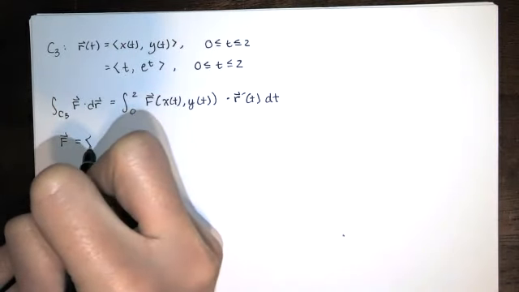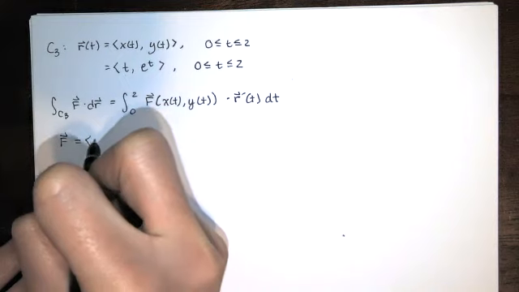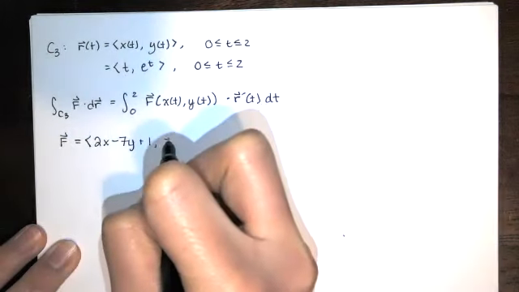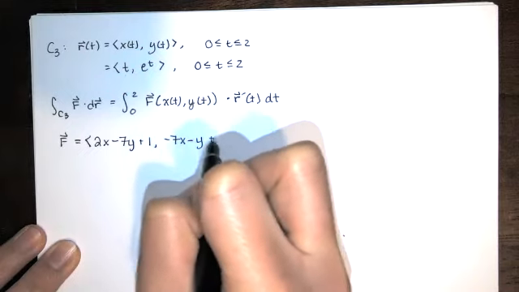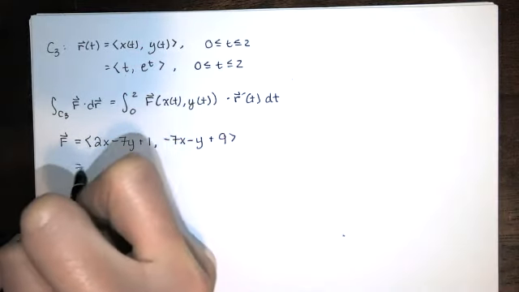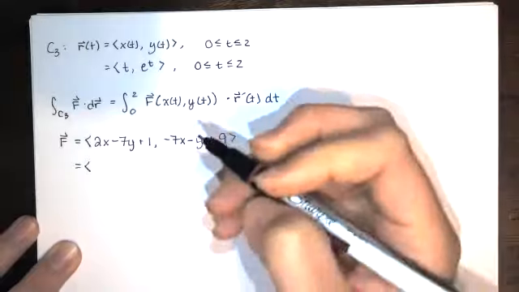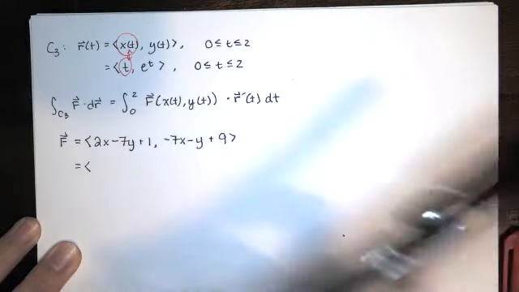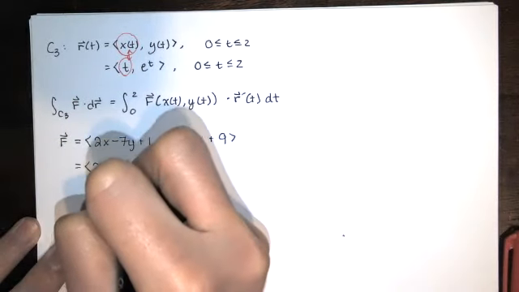came up with. So F was originally the field with components 2x minus 7y plus 1 and negative 7x minus y plus 9. And if we're on that path and we use this parameterization, x is given by t. So I'm replacing all of my x's with t's.